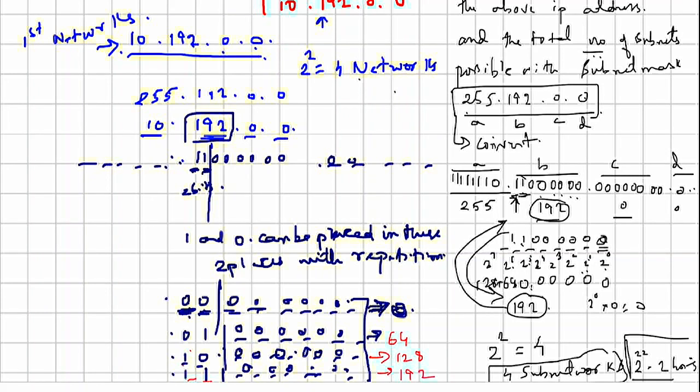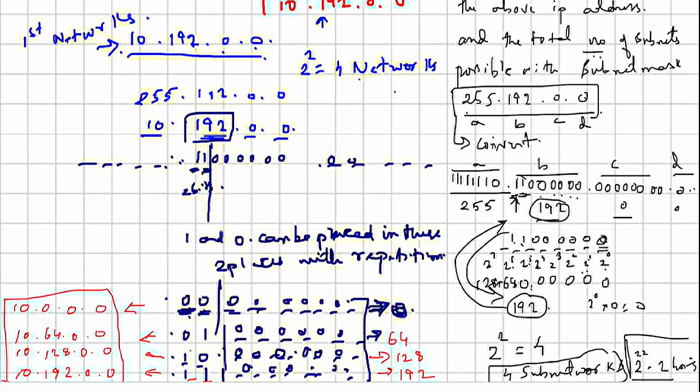So you will see here all the possible network IDs. This is 10.0.0.0, this is 10.64.0.0, this is 10.128.0.0, and this is 10.192.0.0. So these are all the 4 possible network IDs.